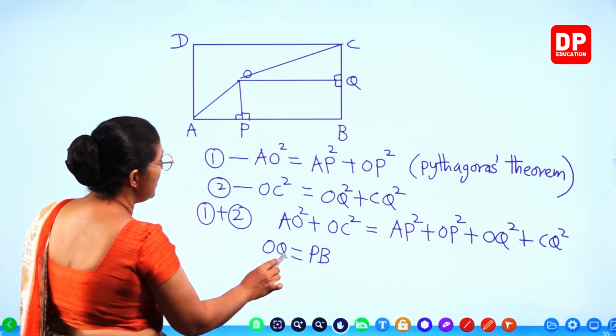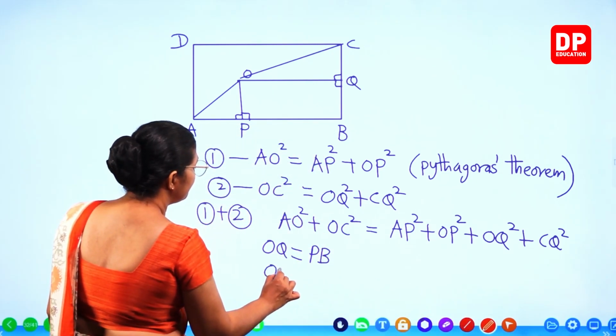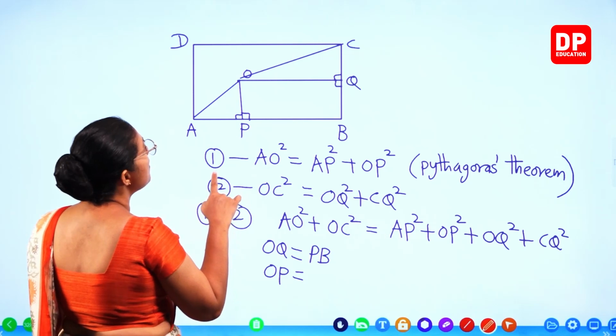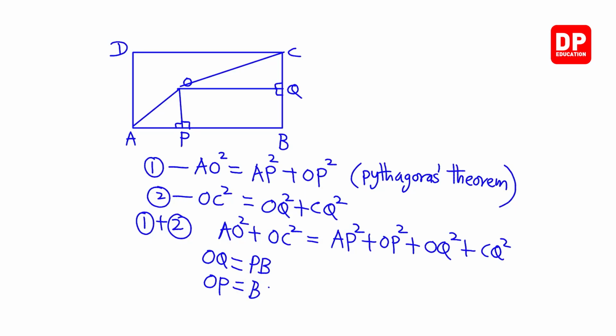And what about OP? OP is the same as BQ. Opposite sides of a rectangle.